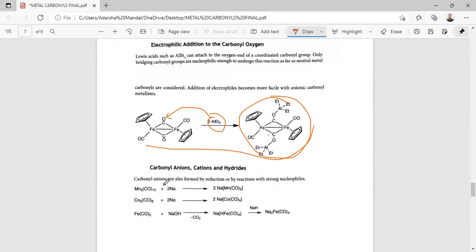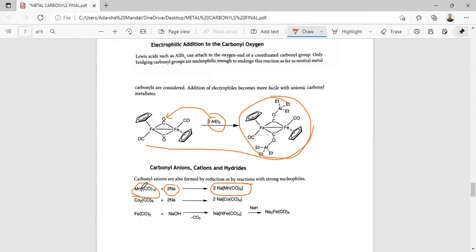So another class of reaction is carbonyl anion formation or carbonyl cation formation. Carbonyl anions are formed by reduction or by reaction with strong nucleophiles. So this manganese carbonyl precursor reacts with two equivalents of sodium that will form this carbonyl anion.